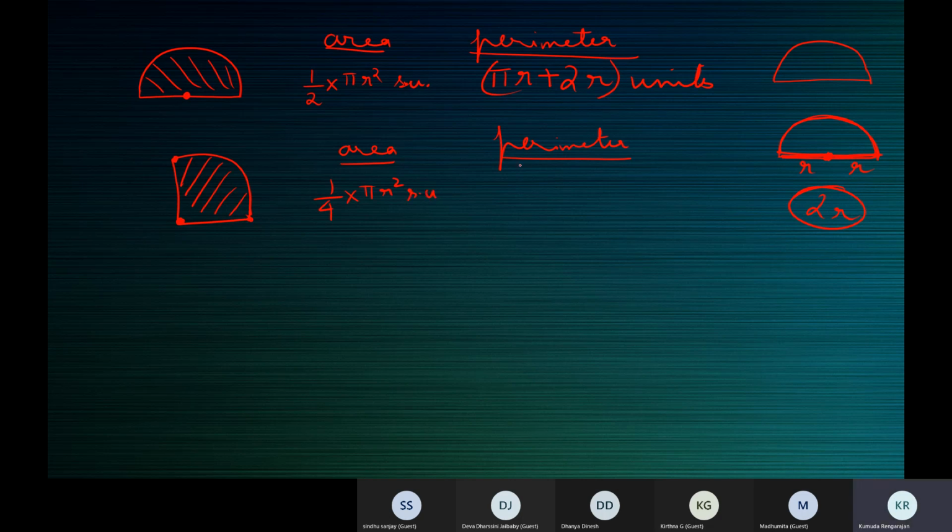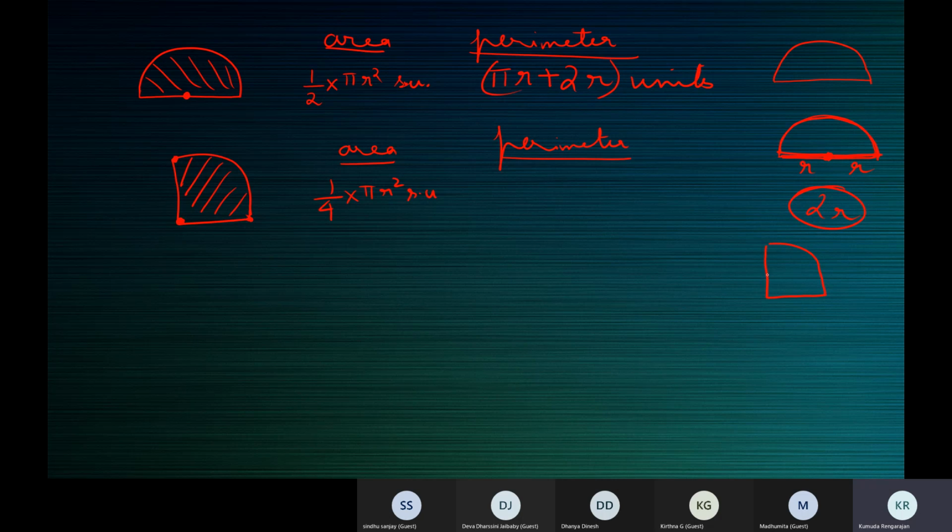Very good. And what about perimeter? So what are the different portions that make this closed figure? There's a line segment like this. So you need to know this length. There's another line segment like this. You need to know this length, and there's an arc like this. All these three pieces complete the closed figure.